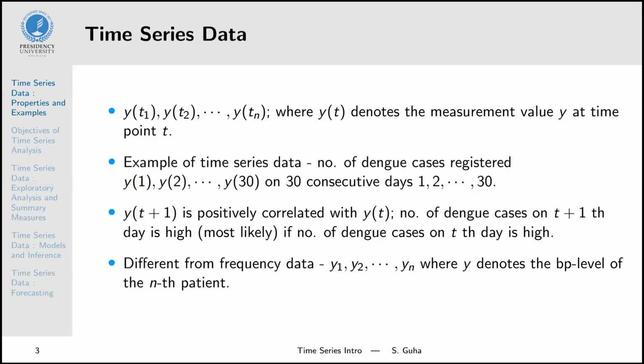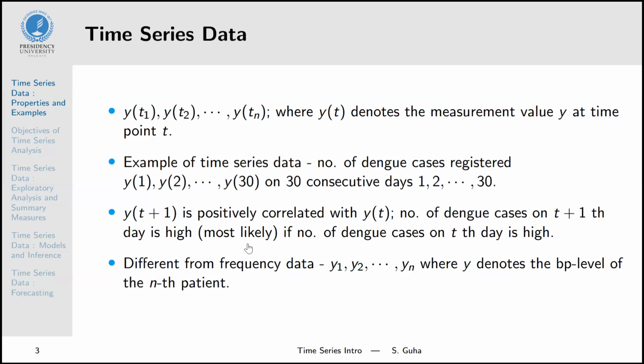But high doesn't mean increasing. High means at a similar level. Today it is 50, tomorrow it is 45, then the day after tomorrow it is 40. So 45 and 40 are very highly correlated. Then the next day it may be 38. So 40 and 38 are also highly correlated. It is like that. So am I making sense? Got it, sir. Thank you.